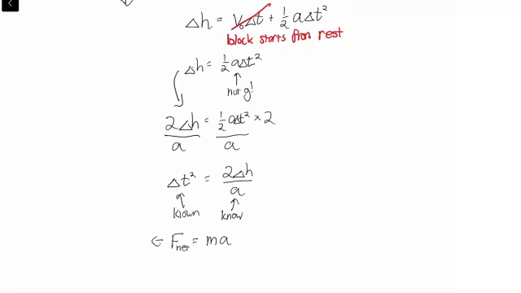So how do we get the net force? Well, we have a free body diagram of the block. The weight is 1.5 kilograms times g, and the tension in the wire is 9 newtons.